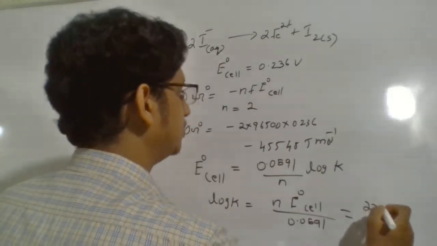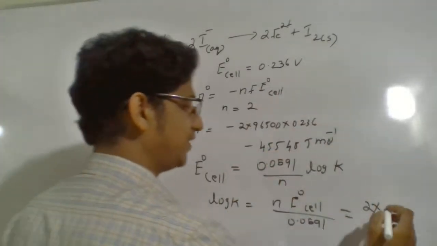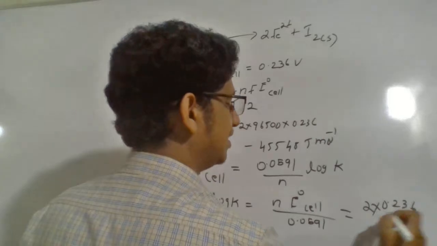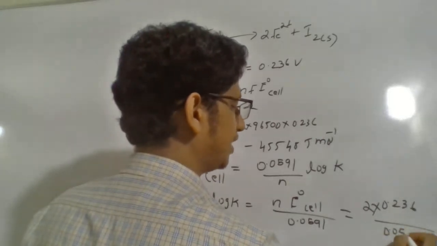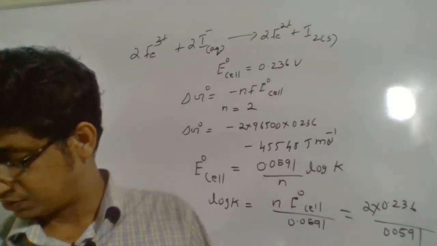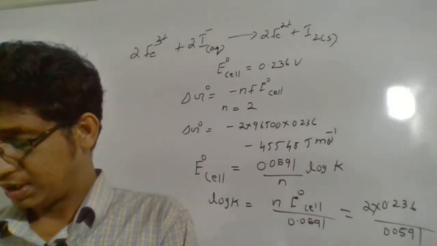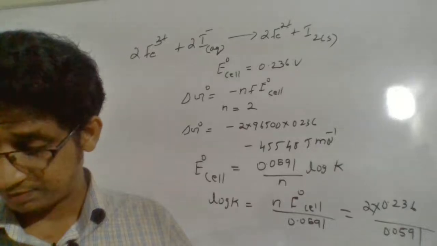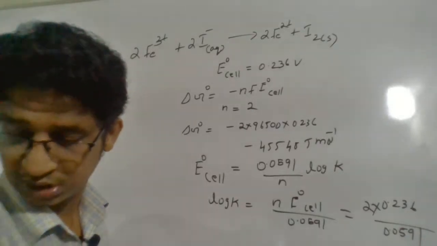So 2 into E0 cell, 0.236, divided by 0.0591. Apply it here, you will get log K. Once you get log K, you can find the equilibrium constant K by taking the anti-log.